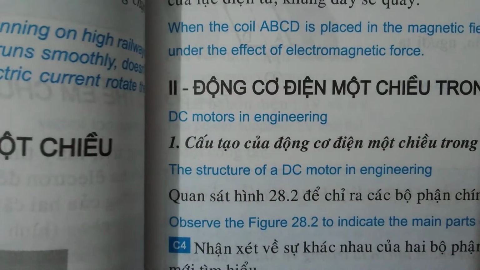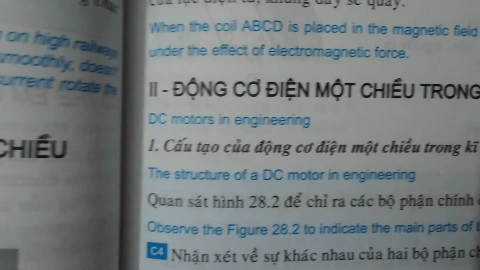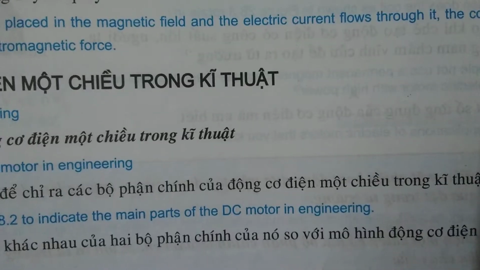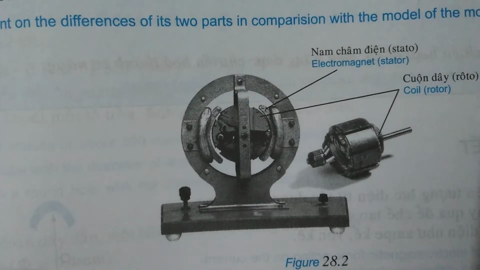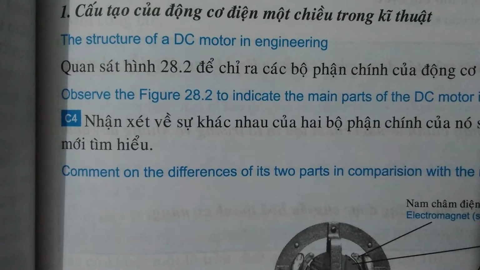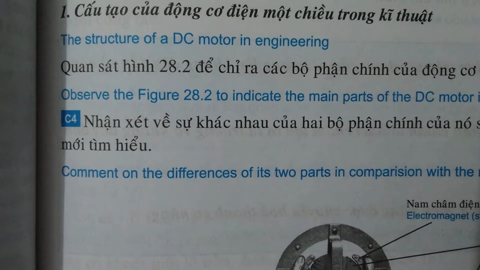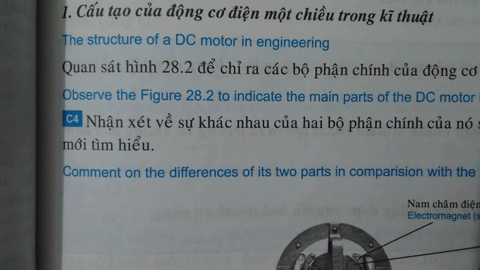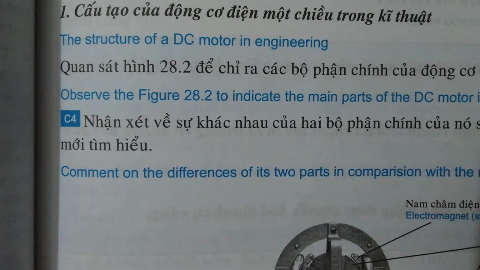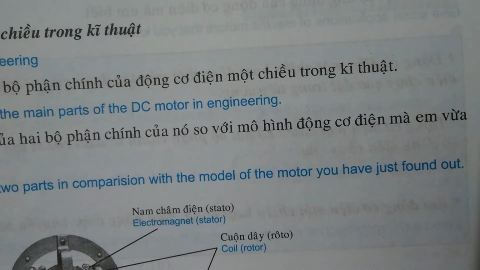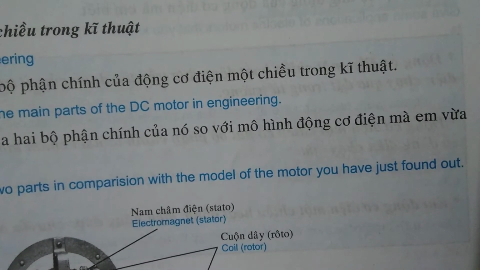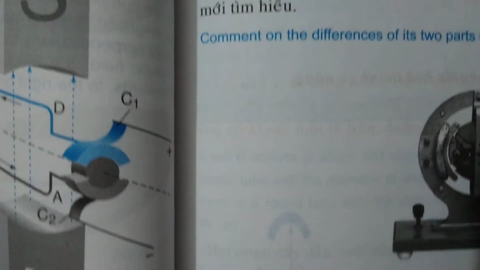Observe figure 28.2 to indicate the main parts of the DC motor in engineering. Comment on the differences of its two parts in comparison with the model of the motor you have just found out. Conclusion.